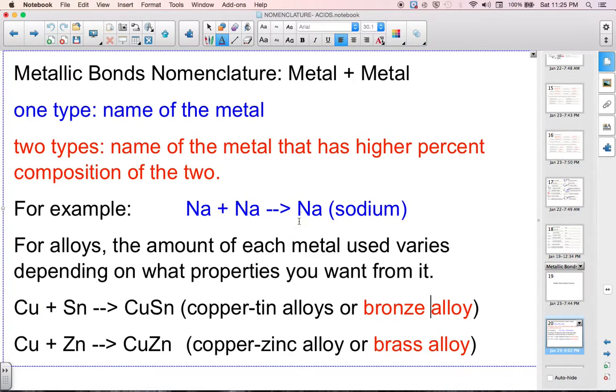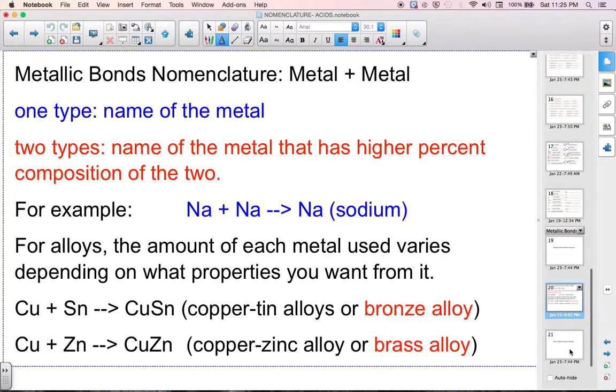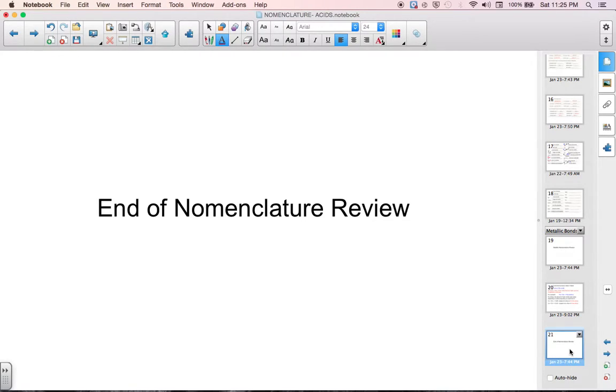You either name it by the metal name, or you can call it by the name of the metal that has a higher percentage and use the word alloy. Okay, and these are two different copper alloys making bronze or brass. And that is the end of the nomenclature review.